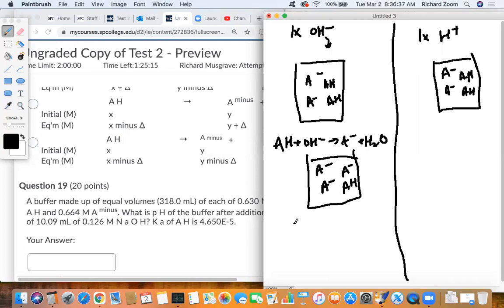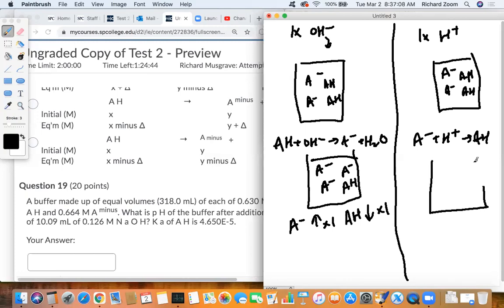So what you can see there is that the A minus has gone up by 1, and the AH has gone down by 1. Karen, do you see that? Yeah. Okay, so the 1 OH minus being added is reacting with the AH.